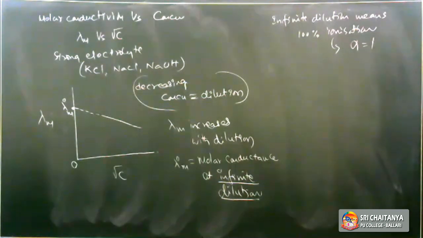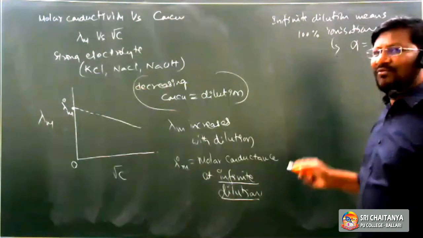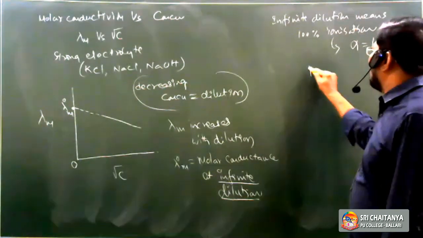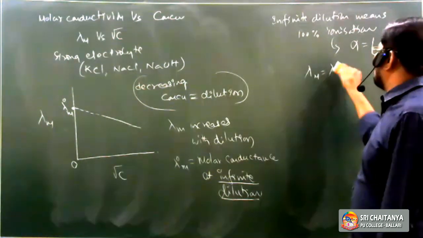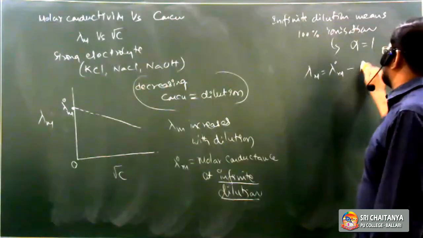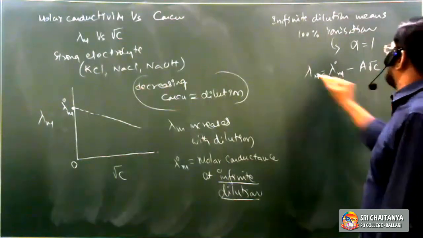For the strong electrolyte, there is one equation: lambda m is equal to lambda naught m minus a square root of c.